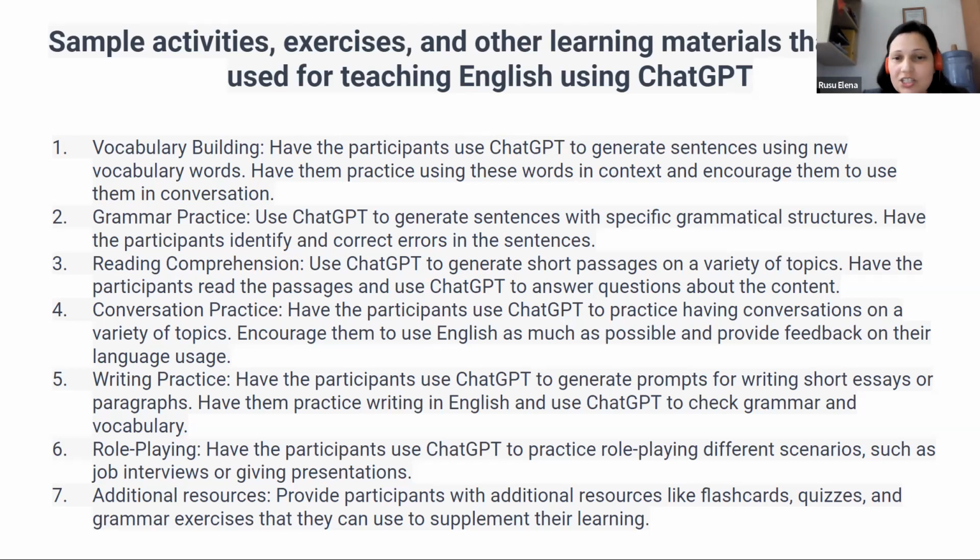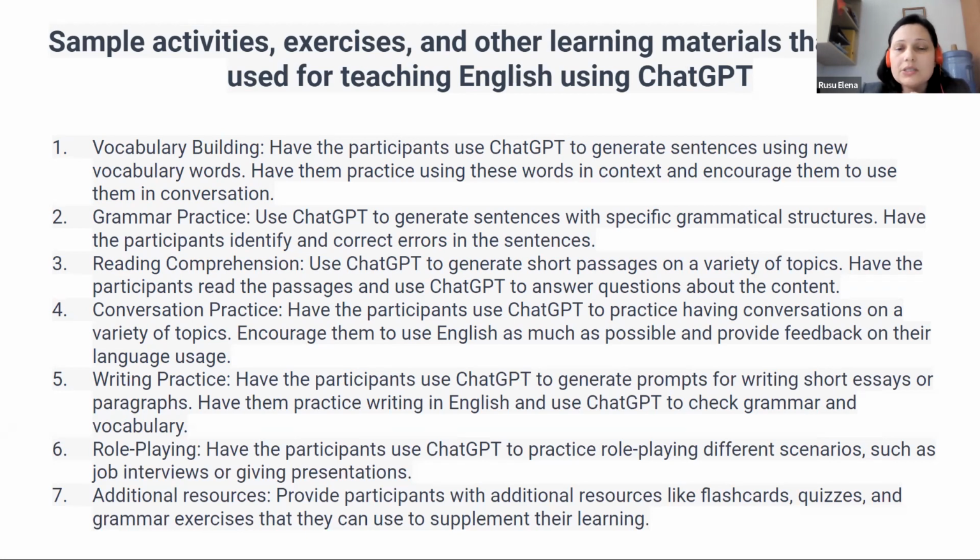Conversational practice. ChatGPT is so smart that it can create different dialogues. In such a way, it is not only one-way dialogue, because students can ask a question and they get the possible answer, but it is also possible to create a dialogue on a specific topic.